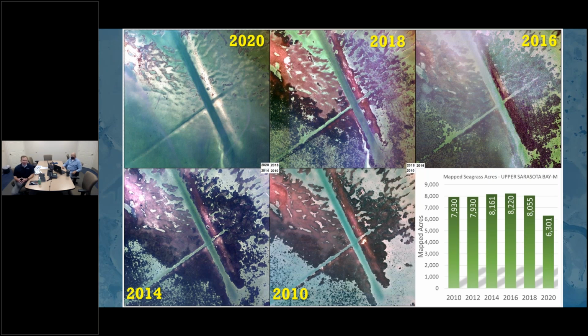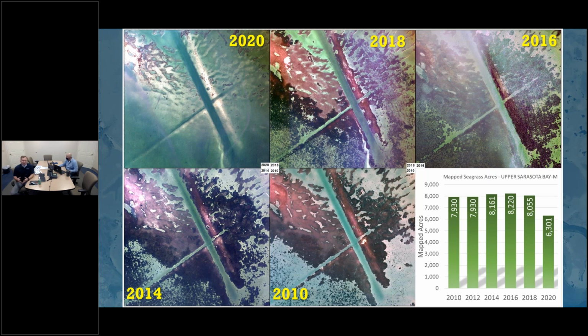There's seagrass there. In 2014, it's also, not only is it entrained in the seagrass meadow, it's also moved beyond the meadow. And in 2016, you almost see some hollowing out of seagrass.